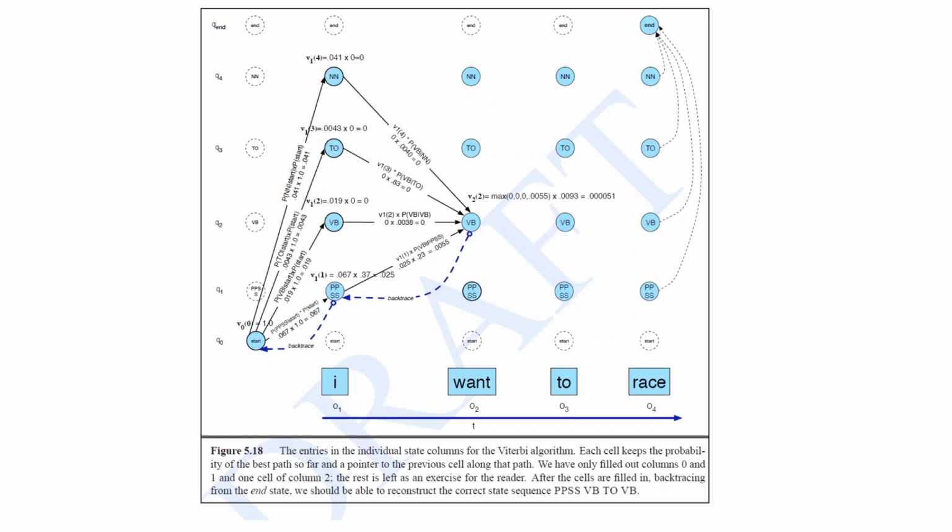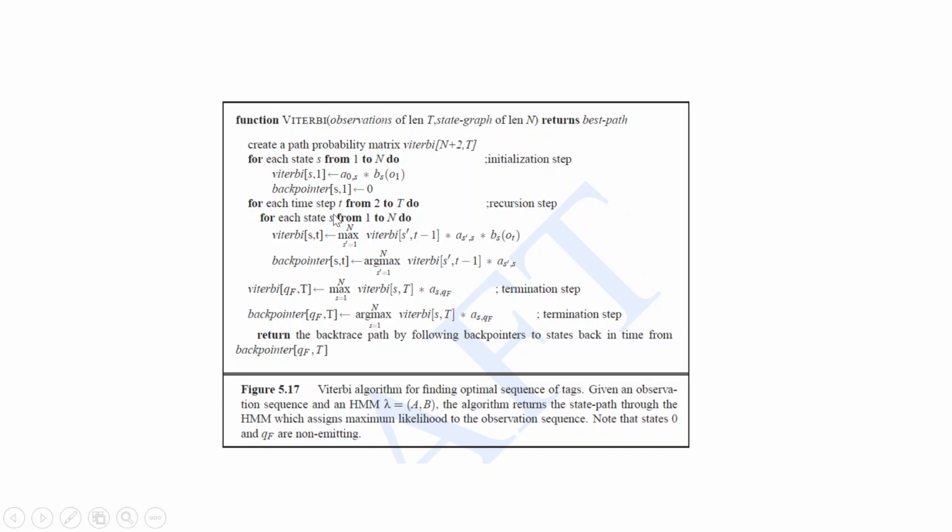If we look at this algorithm, there is a value stored in a matrix called Viterbi. At time slot 1, the beginning time slot, for each of the states it is initialized as follows. A stands for the transition probability from the start state to the given state S, and B stands for the emission probability.